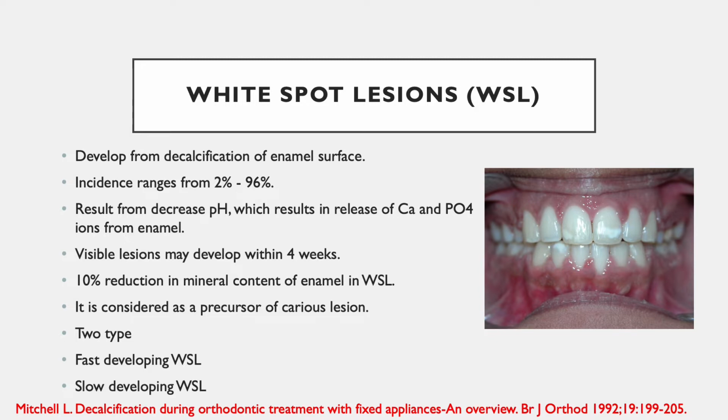They are visible after 4 weeks of debonding. A 10% reduction in the mineral content of the enamel is found in the white spot lesions. It is considered a precursor of caries lesion. There are 2 types of white spot lesions, the fast developing and the slow developing.